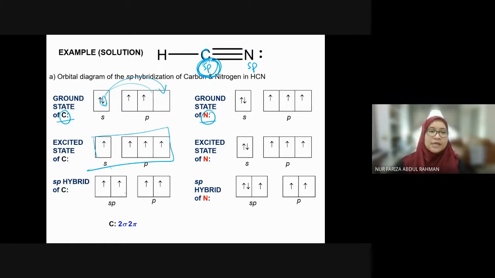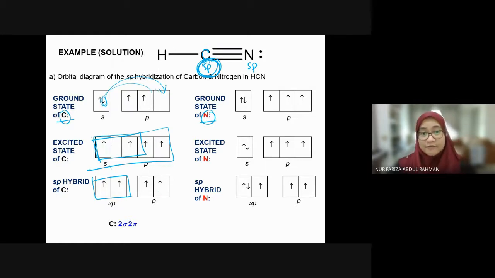It jumps, is excited, and it will only combine these two, there are only two there. The remaining two will be left unhybridized, because these two will later on form pi bonds.